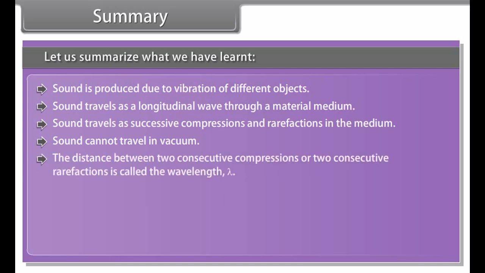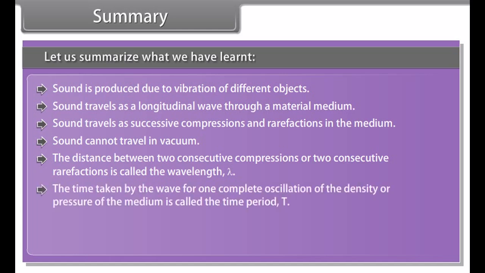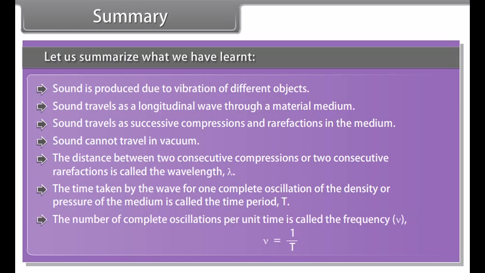The distance between two consecutive compressions or two consecutive rarefactions is called wavelength, λ. The time taken by the wave for one complete oscillation of the density or pressure of the medium is called the time period, T. The number of complete oscillations per unit time is called the frequency, ν = 1/T.